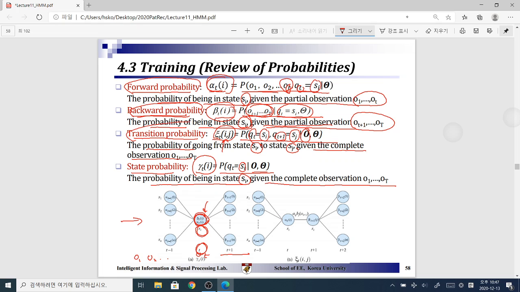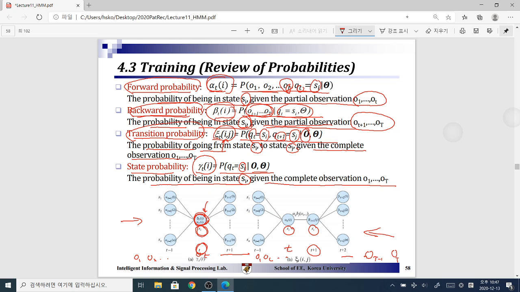On the other hand, the transition probability, depicted here on the right side diagram, would be the probability of going from state i at time t to state j at time t plus 1 given the complete observation, so the observations from 1, 2, all the way to T. So that would be the transition probability.